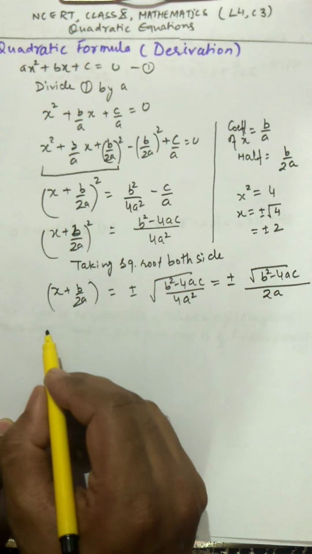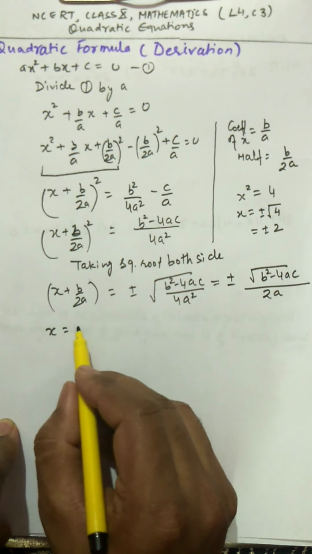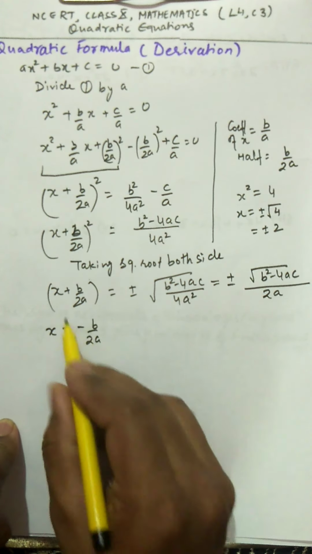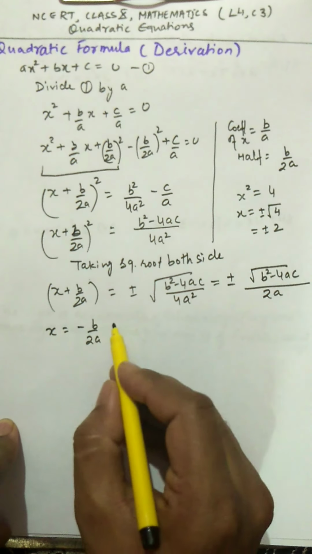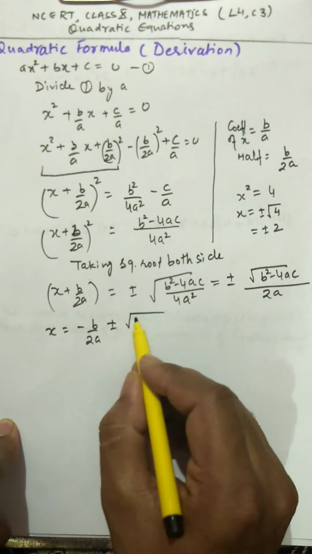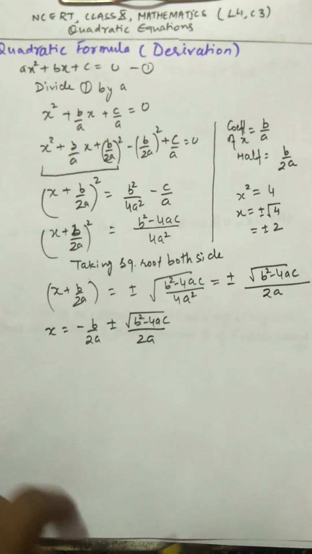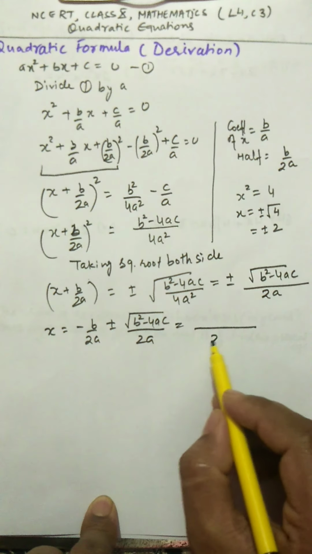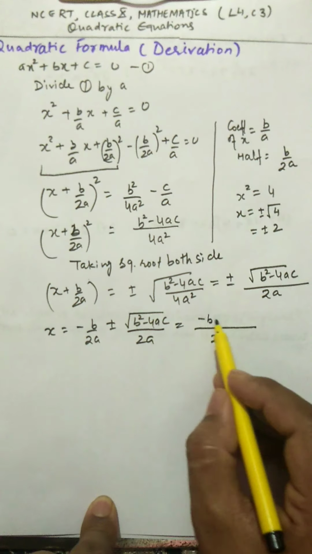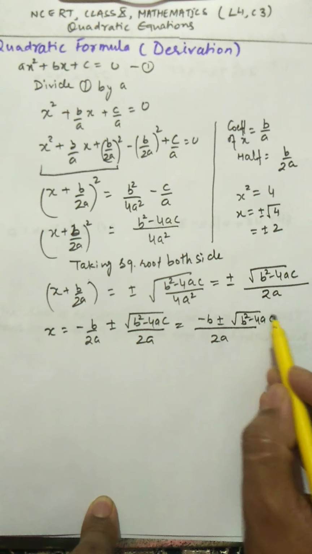Now from here your x will be minus b upon 2a, you take this b upon 2a to the right hand side, plus minus under root b square minus 4ac upon 2a. So after taking the LCM, this is 2a, and this will become minus b plus minus under root b square minus 4ac.